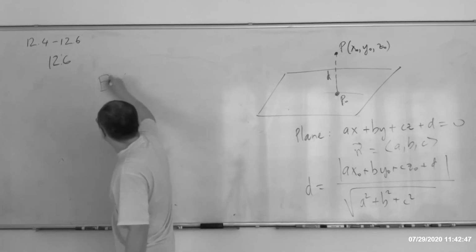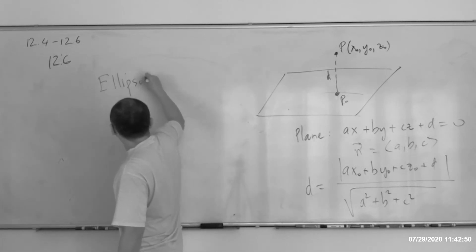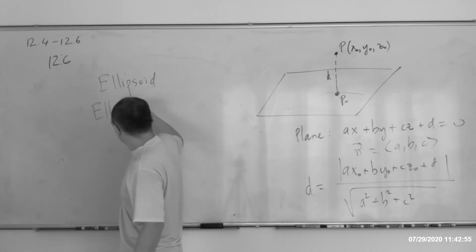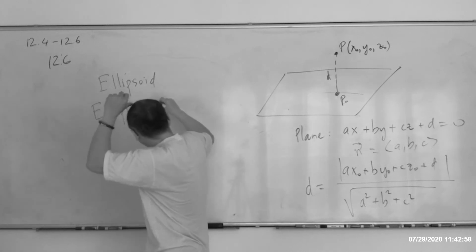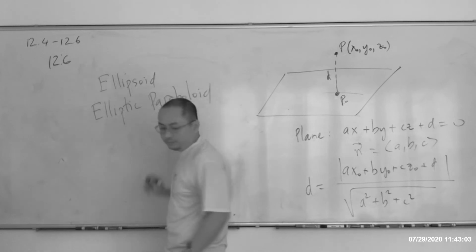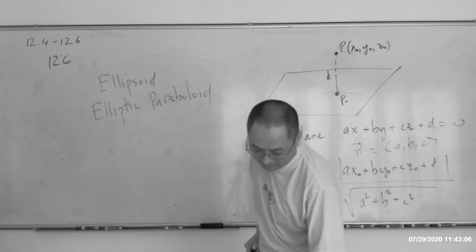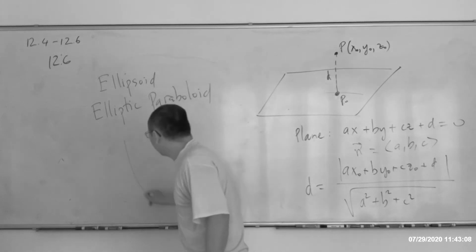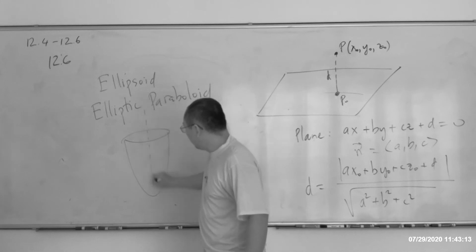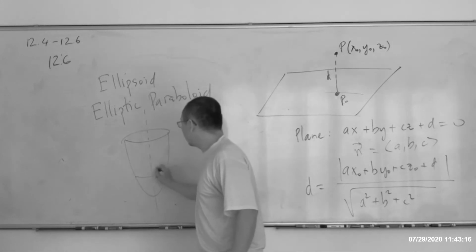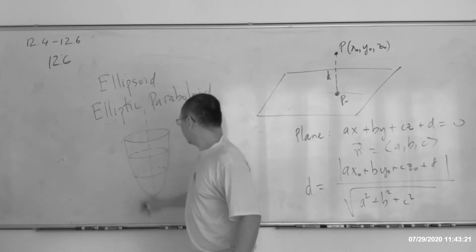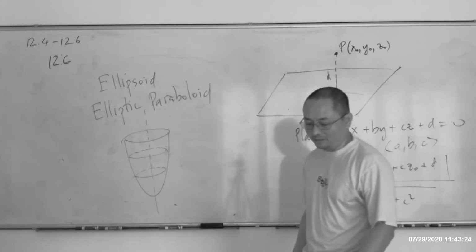Now in 3D, you're kind of rotating that parabola around the axis of symmetry. So you have something like this. Okay, looks like a cup.